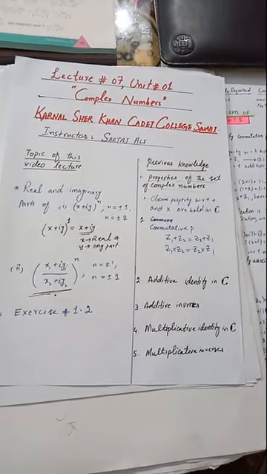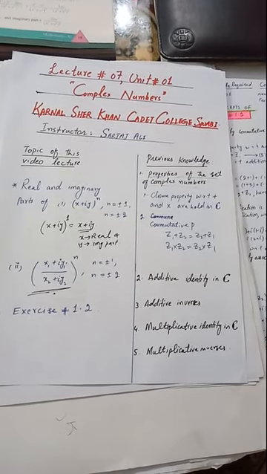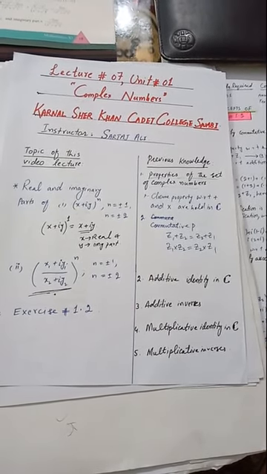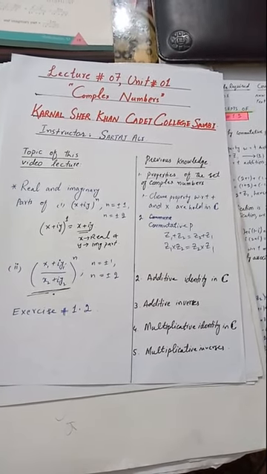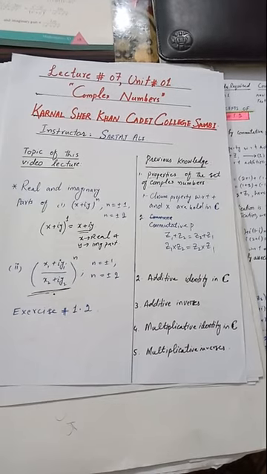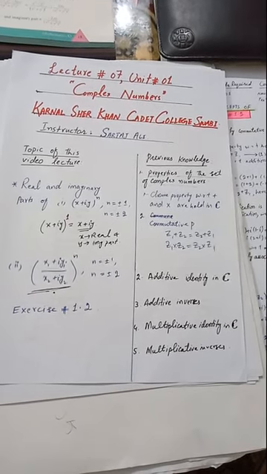Then we discussed the associative property, which is also true in the set of complex numbers, and then the distributive property of multiplication over addition. The correct name of that property is the left distributive property of multiplication over addition.